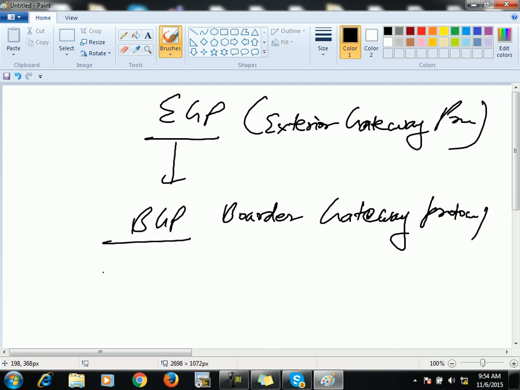Even in BGP itself, they launched multiple versions. Right now we are using version 4, but before that they launched version 2 and version 3. After EGP they launched BGP, and currently we are using BGP version 4 for IPv4 as well as for IPv6.